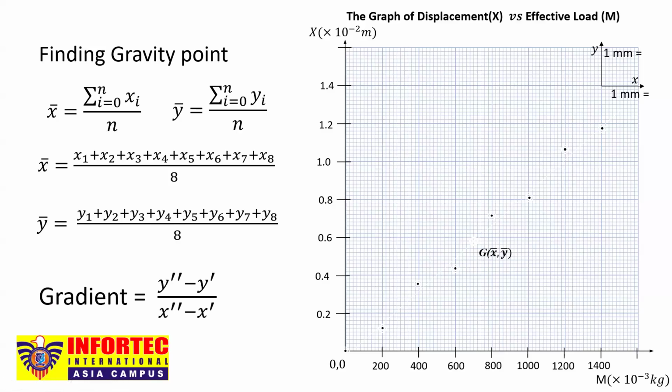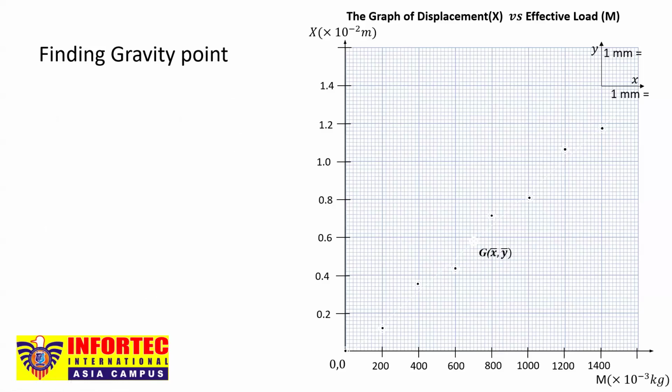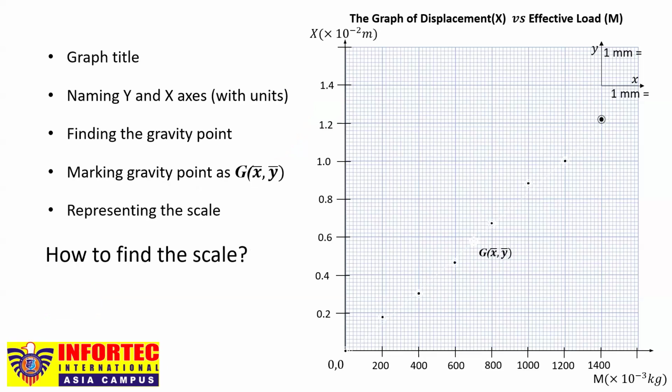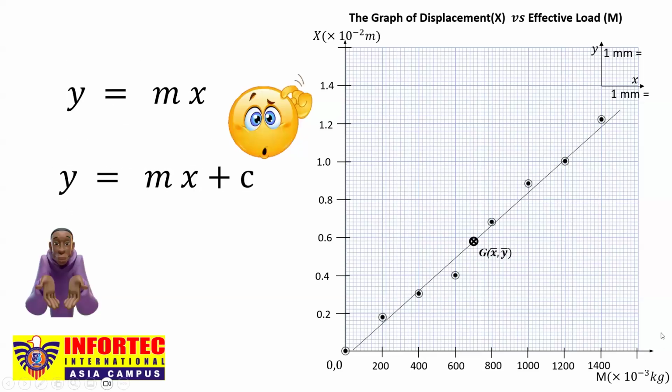Then we can find the best fit line of the graph here. Now, G at x bar, y bar, you can see. Then we can draw. We have to balance all the data points in the graph, and the best fit line should go through the gravity point, right?